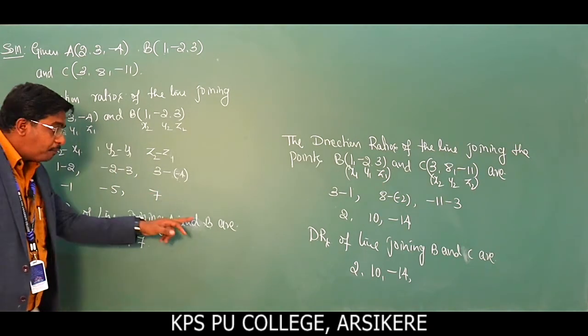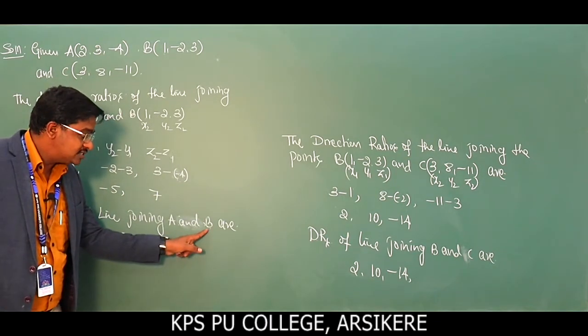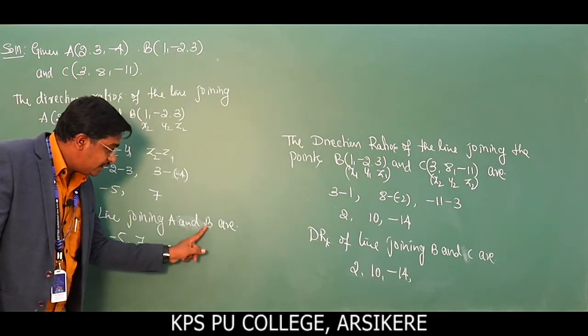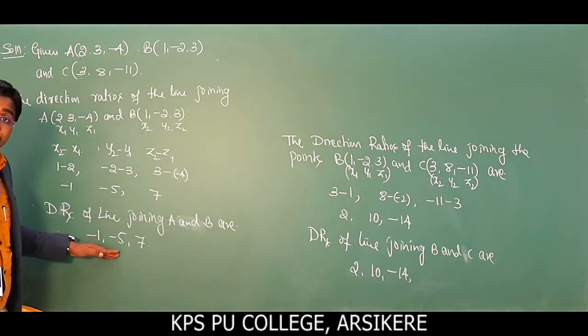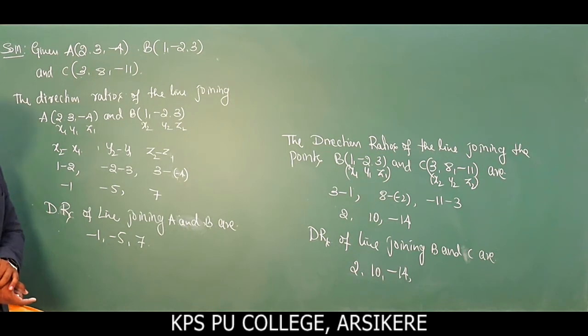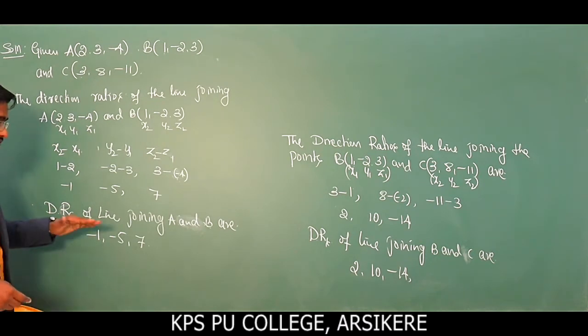But the point B is common to both lines, hence the given 3 points are collinear. Okay, take a pause and note down all the things that I have written here.